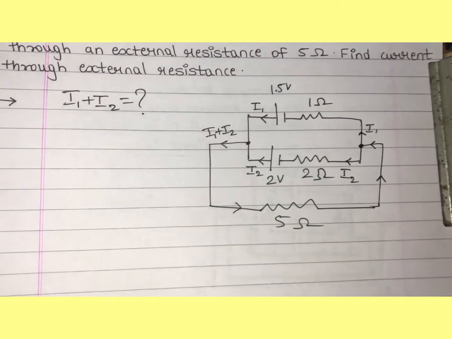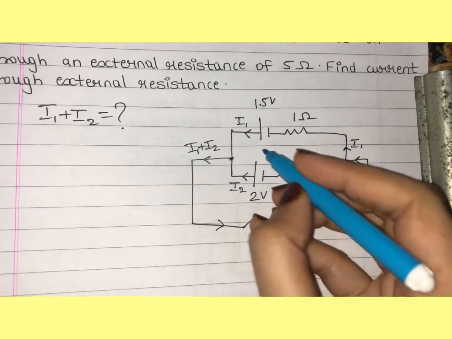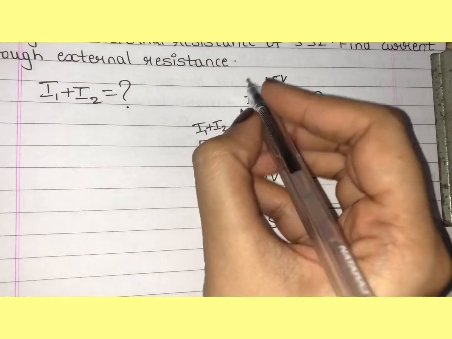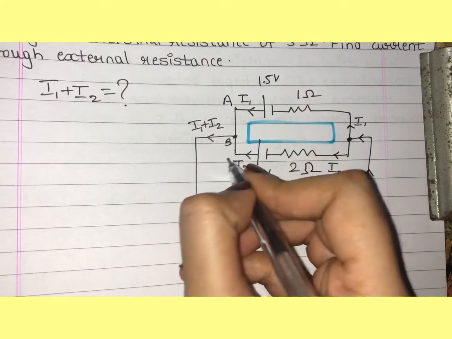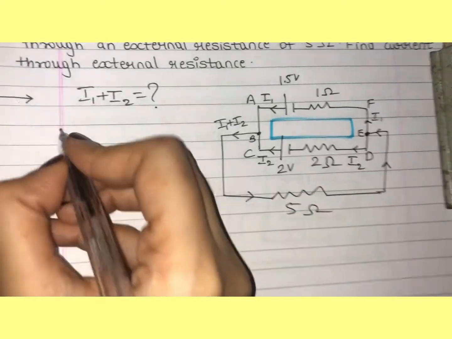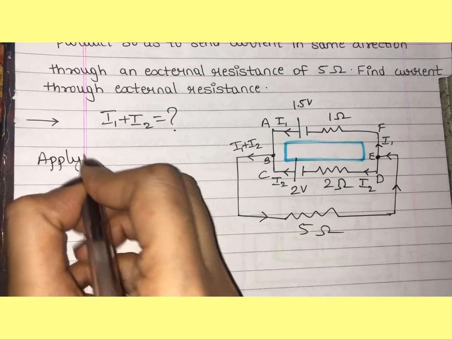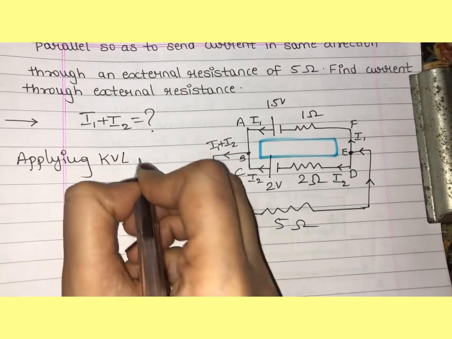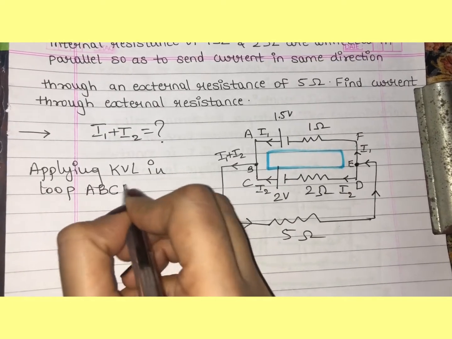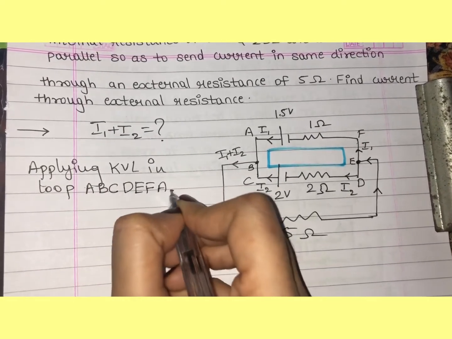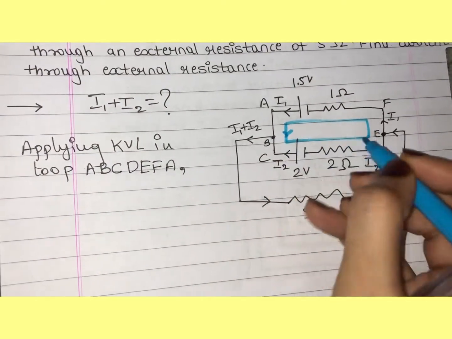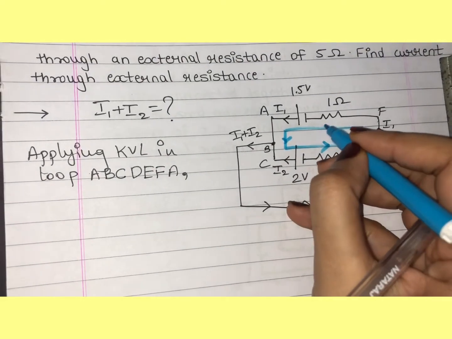Now let's apply Kirchhoff's voltage law in this first loop. So let's name the loop A, B, C, D, E, F. Applying Kirchhoff voltage law in loop A, B, C, D, E, F, A. Starting from A, then this direction, then this direction, then this direction.